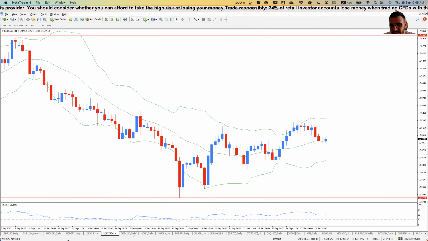That's 4 against the US dollar, and then USD JPY, USD CHF, USD CAD. 4 plus 3, 7. Now, there is a correlation most of the time: when the Australian dollar is against the US dollar, it's on a free fall. The same happens with the Kiwi against the US dollar.